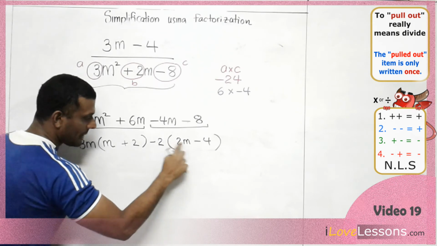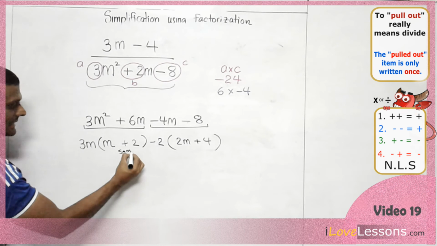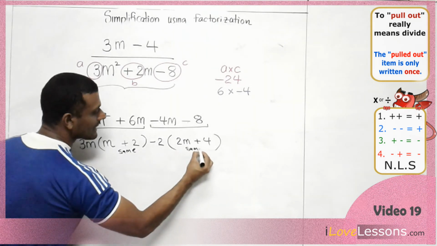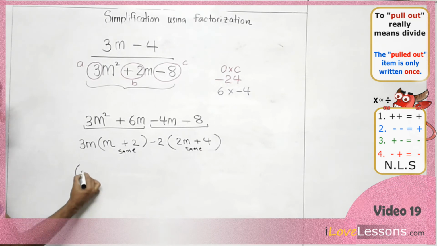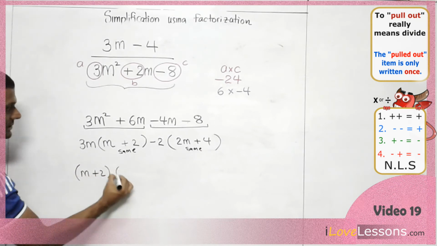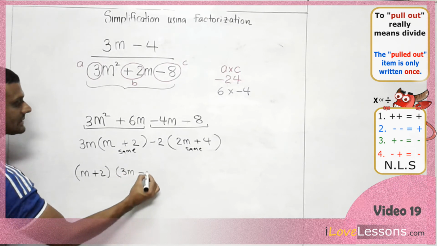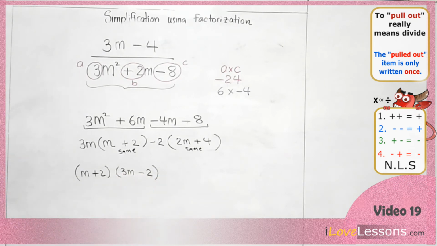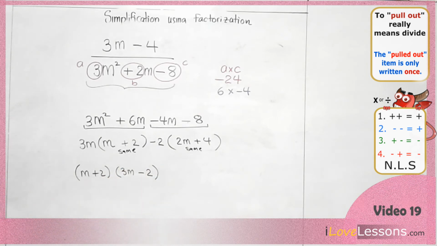Negative changes to a positive, negative changes to a positive. Both items in the brackets look exactly the same. So I'm going to pull these two out. M plus 2, and I'll be left with 3m minus 2. So everything looks okay there.